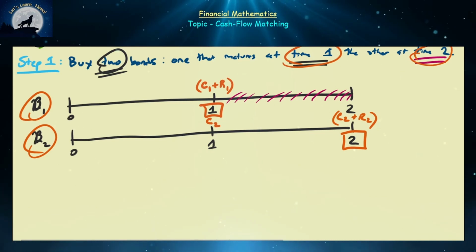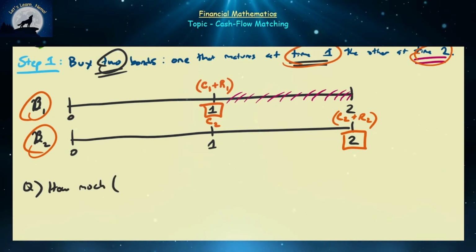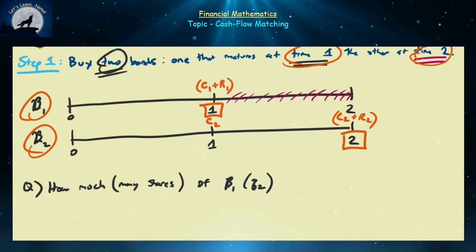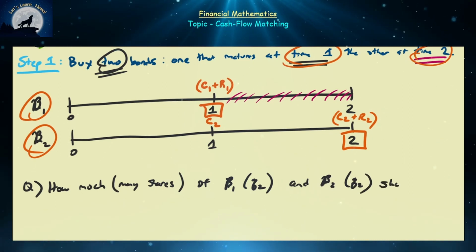So how many of bond 1s should we buy? Should we buy 5 of bond 1s? Should we buy 10? 5.2? Usually we call them shares of company 1 and shares of company 2. So let's phrase this question formally. How many shares of bond 1, which I'm going to represent by Q1, Q standing for quantity, and bond 2, whose quantity is going to be represented by Q2, should we buy at least?